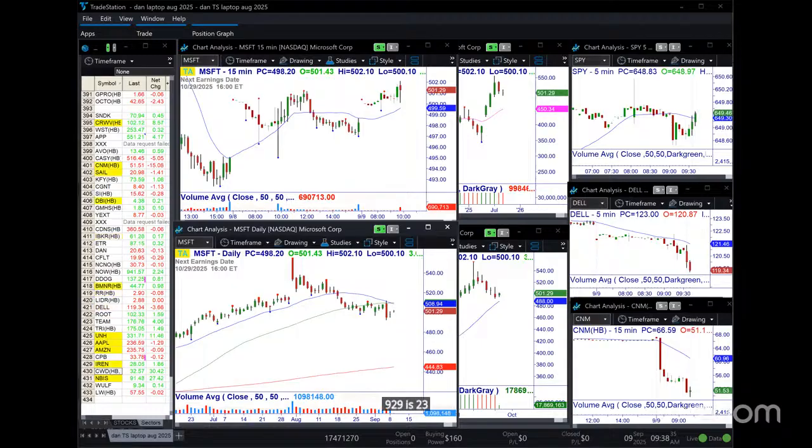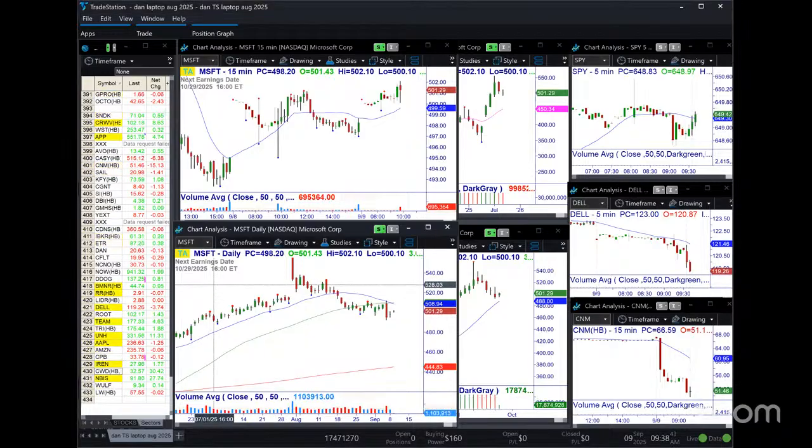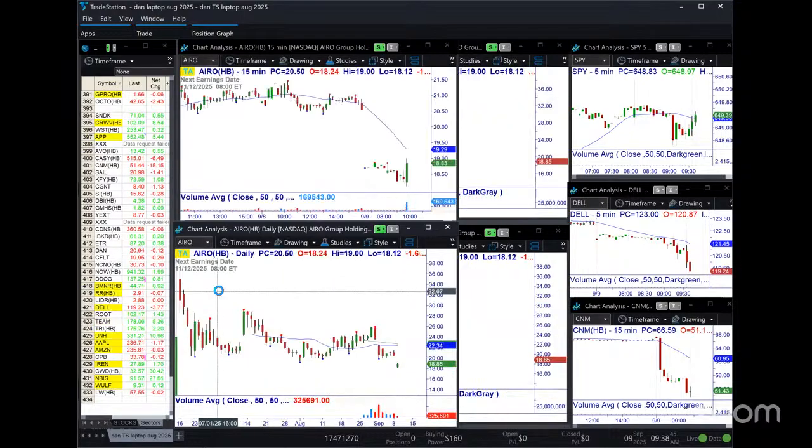That's nowhere near getting filled right now. Oh, our arrow gap down. Shoot. That was a bearish consolidation. I said it was on borrowed time.